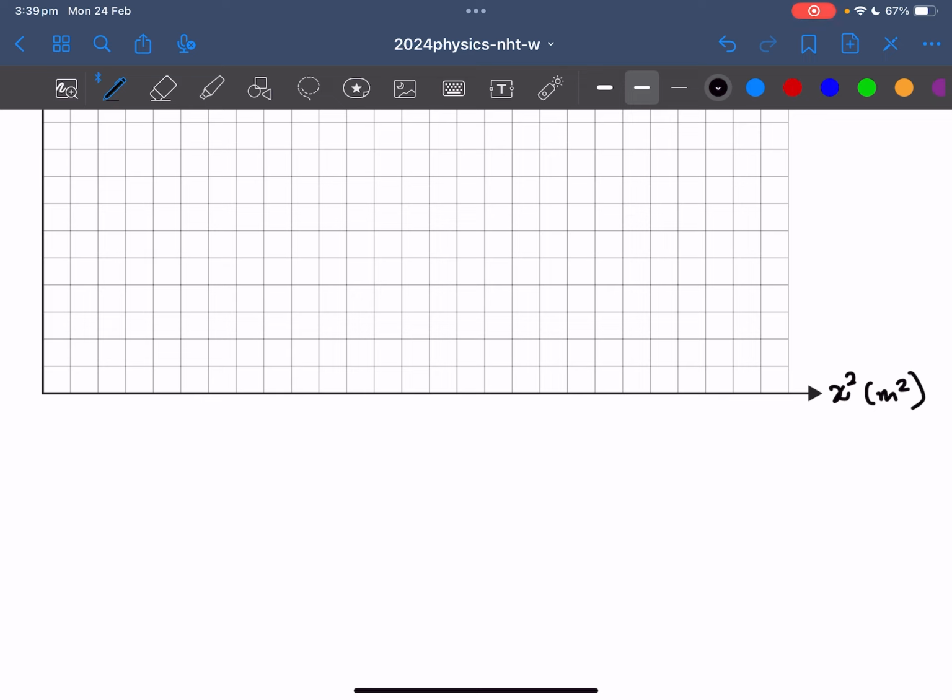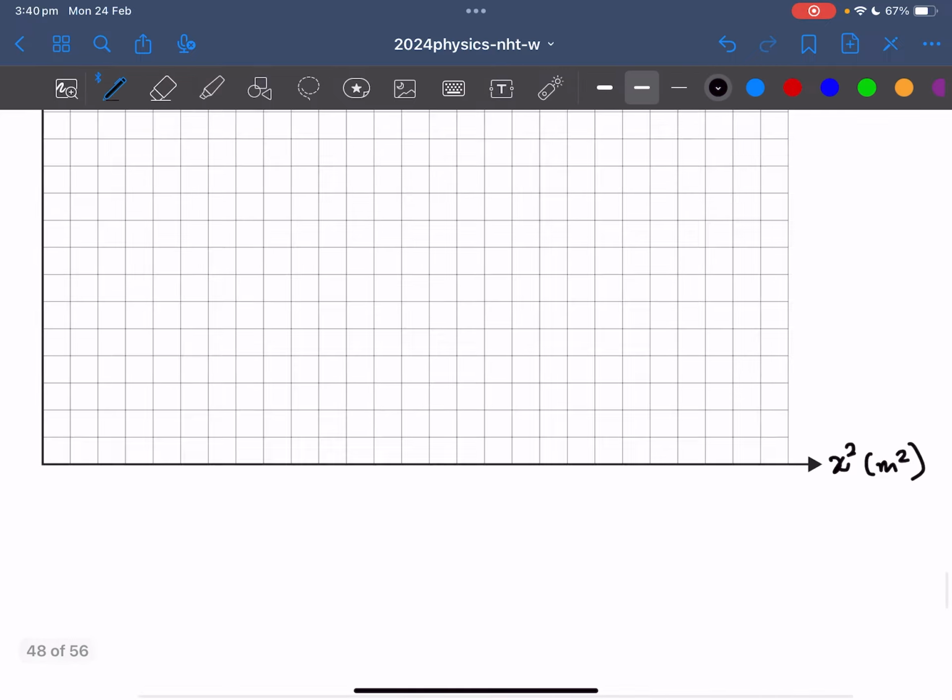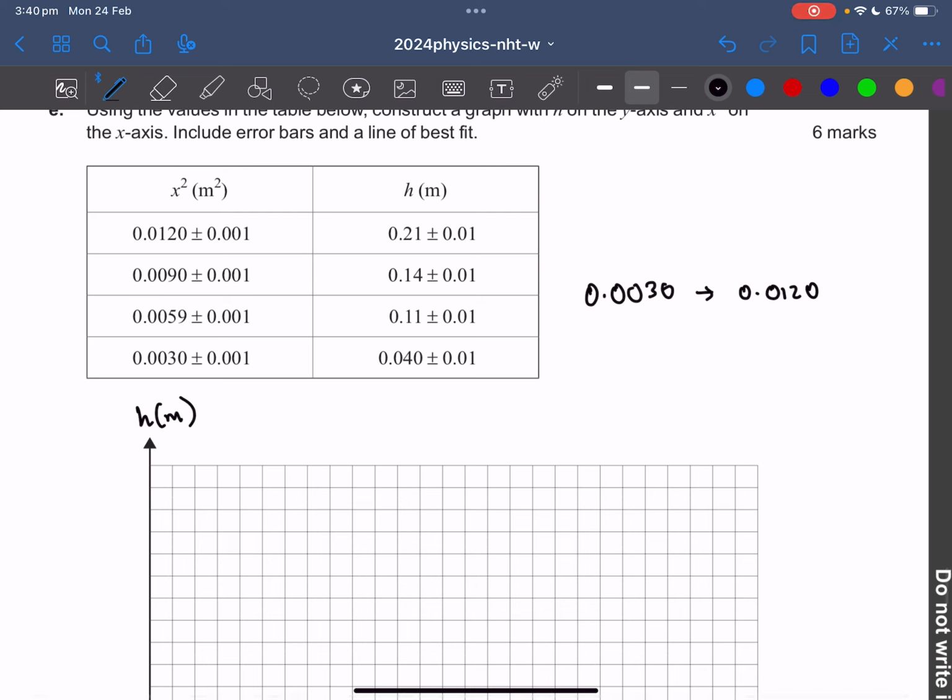Okay, and how many do we have? So we have 1, 2, 3, 4, 5, 6, 7, 8, 9, 10, 11, 12, 13, 14, 15, 16, 17, 18, 19, 20, 21, 22, 23, 24, 25, 26, 27. I guess taking a gap of 6 would do it, because if we take a scaling of 0.003 to go from here all the way to there, then I guess 6 would do, right? Like the gap of 6.